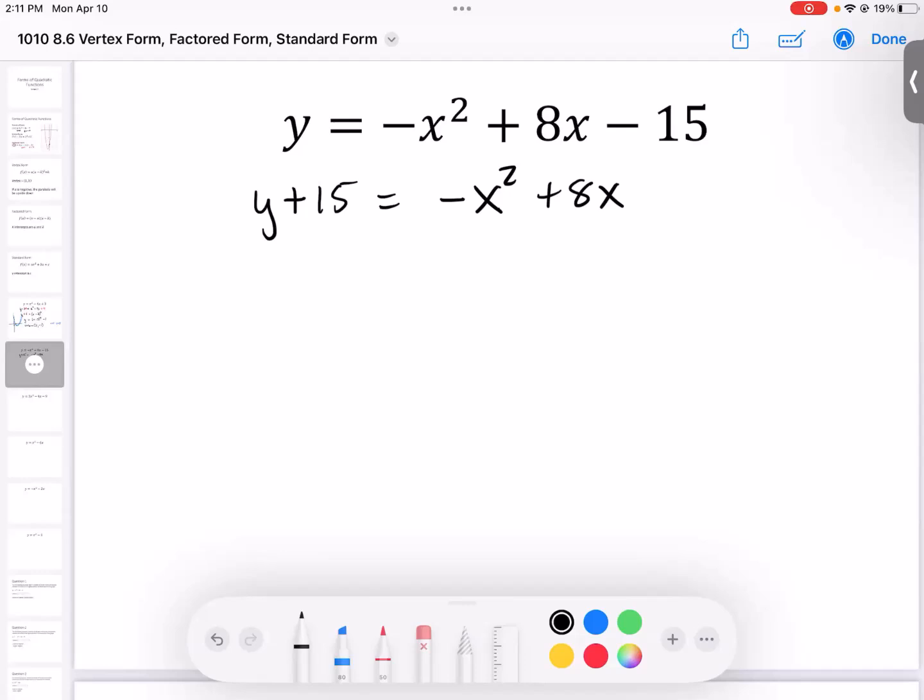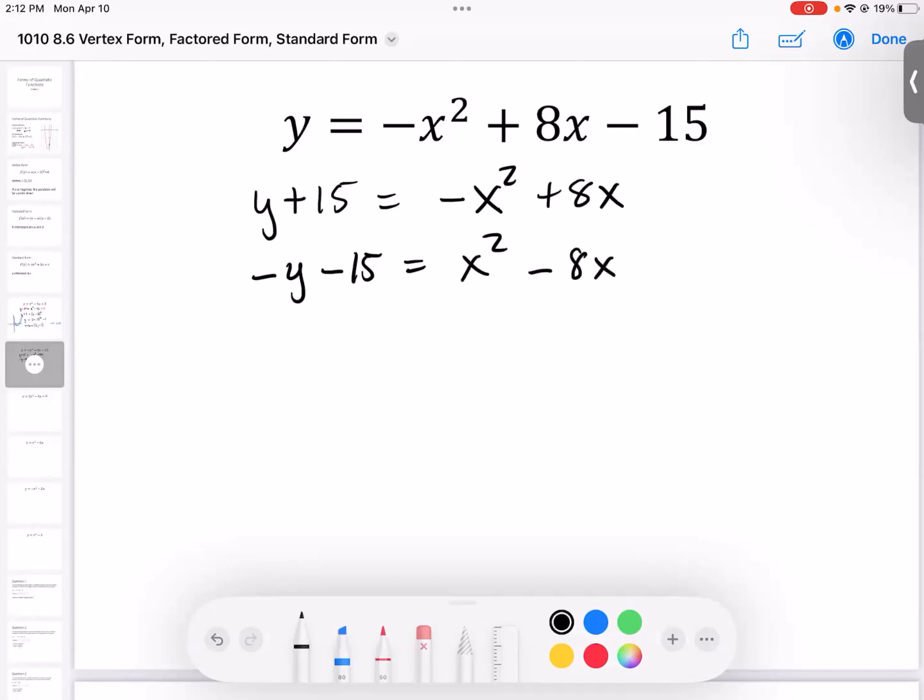So when we complete the square, what number can we have with the x squared? Yep, it has to be a positive one, and right now we have a negative one. So let's multiply both sides by a negative to make that a positive. So we get negative y minus 15 equals x squared minus 8x. Is everybody good with that?